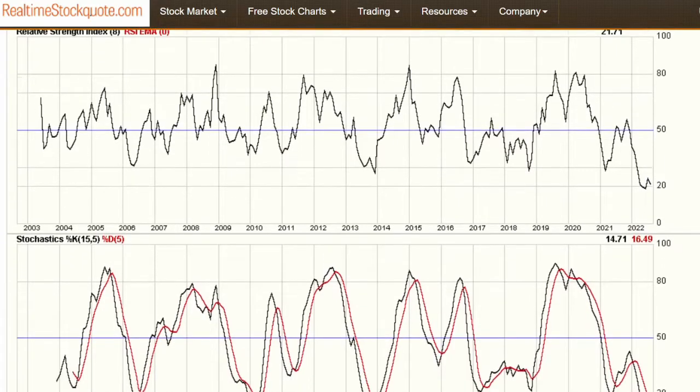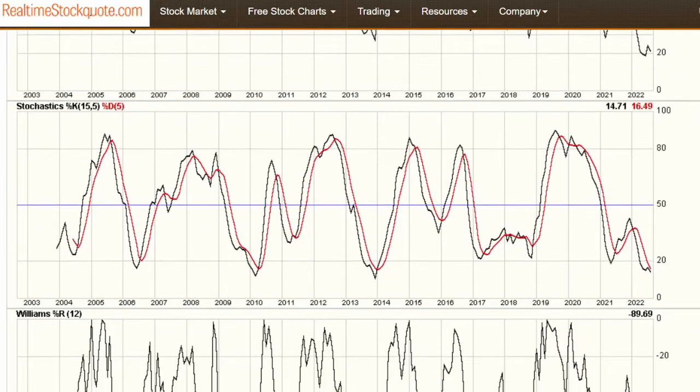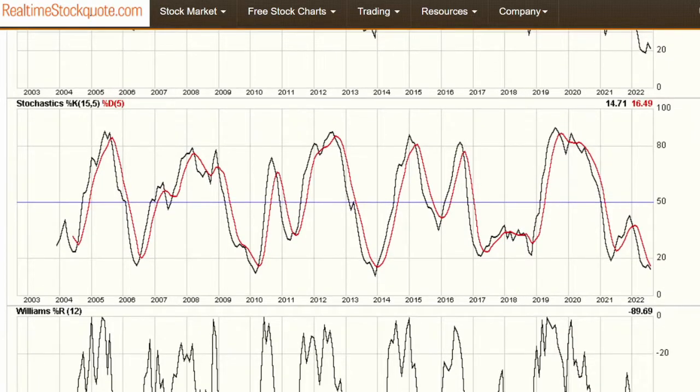Down here into the stochastics. Now this is something that I want to take a look at in more detail. Going back here, 2017, that move there, we went on up and then we came on back down here in late 2018. We have a similar circumstance here in, say, early 2021.